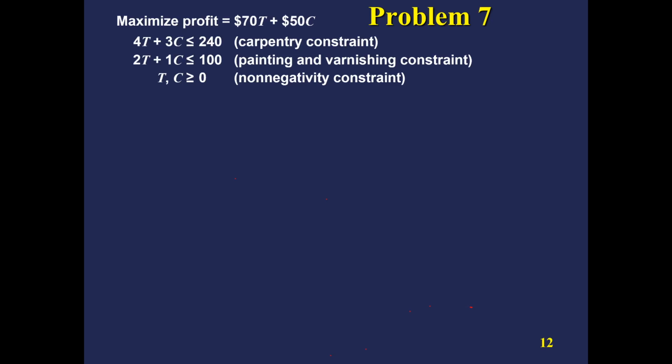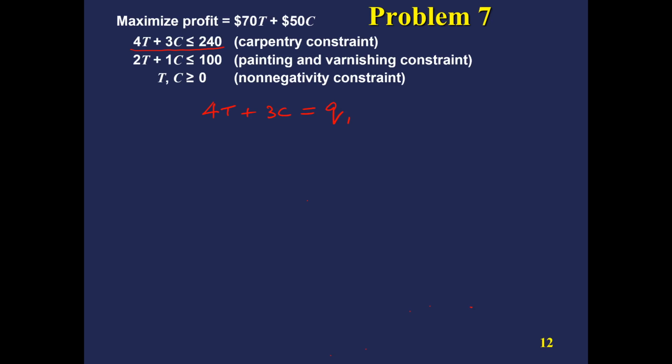Now we want to find out how much Q can vary on the right hand side, let's say of the Carpentry constraint. So we say 4T plus 3C is equal to Q1, and we want to see how much Q can vary without changing the variable solution mix, or another way of saying it, to keep the same shadow price.